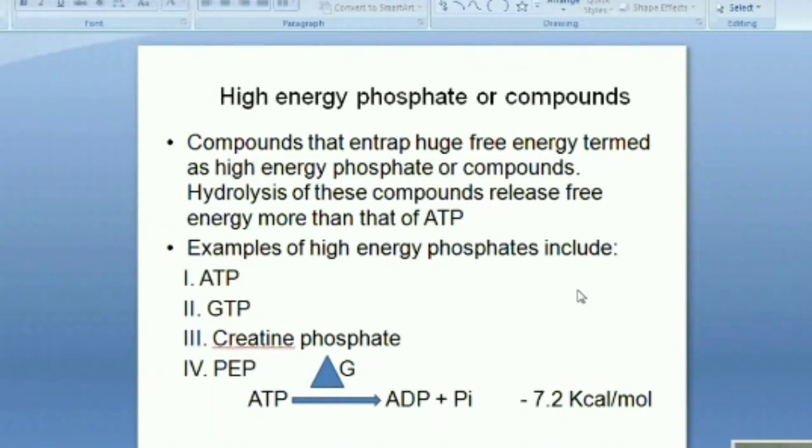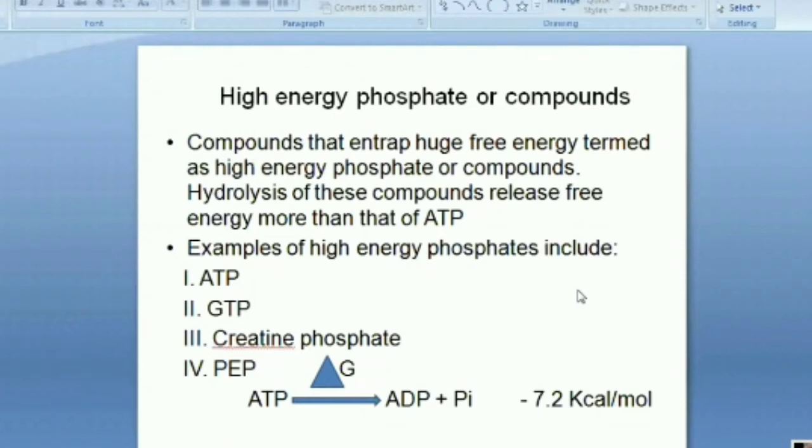Examples of the high energy phosphates: ATP, GTP, creatine phosphate, phosphoenol pyruvate, even carbamoyl phosphate. Carbamoyl phosphate has not been shown here. And these four, I think, are sufficient: ATP, GTP, even CTP, creatine phosphate, and phosphoenol pyruvate.